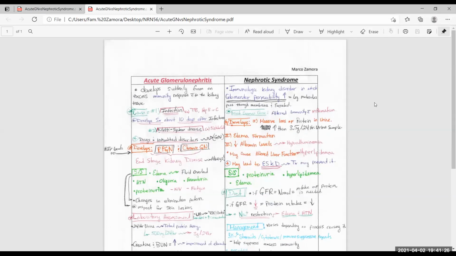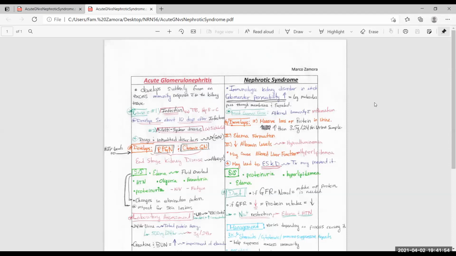With nephrotic syndrome, it's usually more of an immunologic kidney disorder, which, as we mentioned earlier, increases glomerular permeability, which means larger molecules are going to pass through the membranes and be excreted. In comparison to acute GN, the most common cause is an altered immunity with inflammation, which leads to a massive loss of protein in the urine.